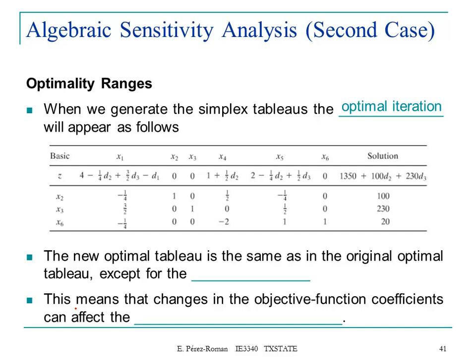So this is how the optimal solution will look. Now you're going to have your solution in the zero row using coefficients D1, D2, and D3. So for x1, you have this expression. For x4, you have this expression. For x5, you have this expression. And your optimal solution is here.